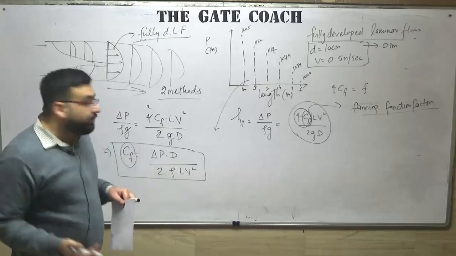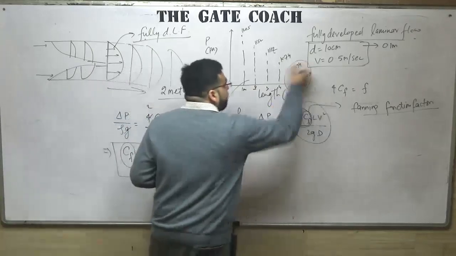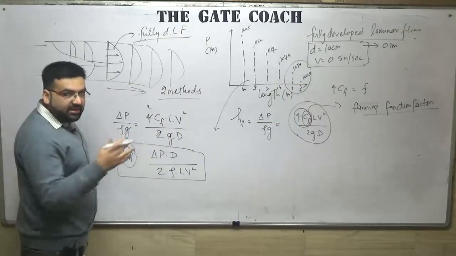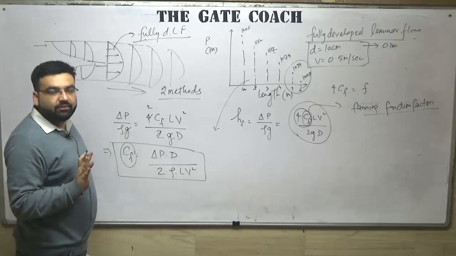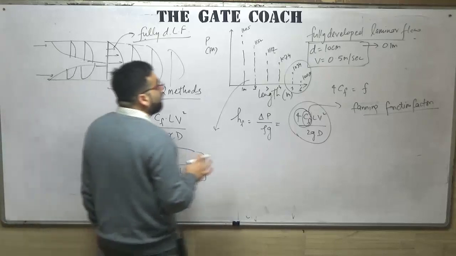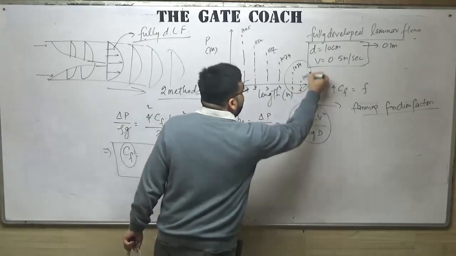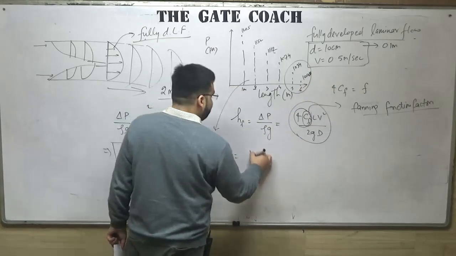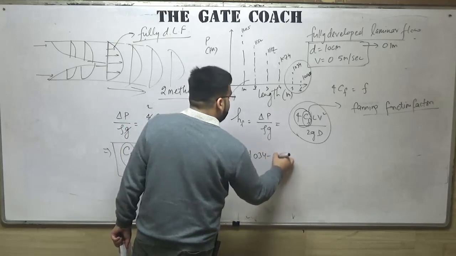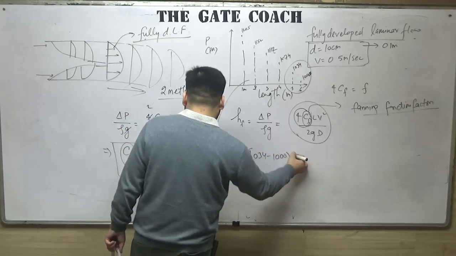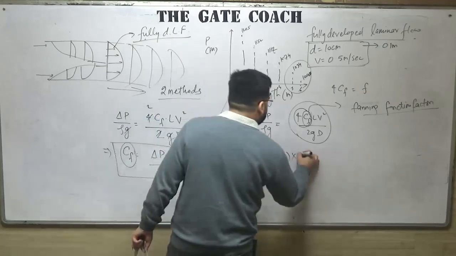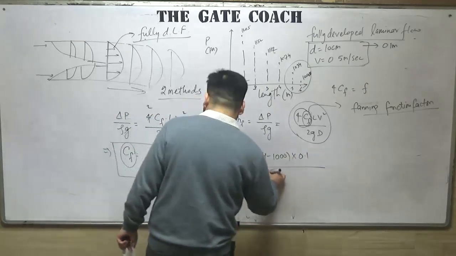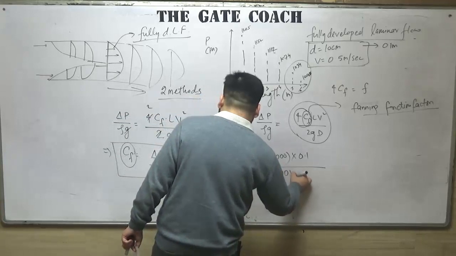Method number two might be a shorter method, where you just calculate for the last section. Because you know that as the length is increasing, after some time it has to be a fully developed laminar flow. If it is fully developed, then just calculate del P. So CF will be equal to del P, which is 1034 minus 1000, multiplied by the diameter, 0.1, divided by 2 into density, 1000, into length.